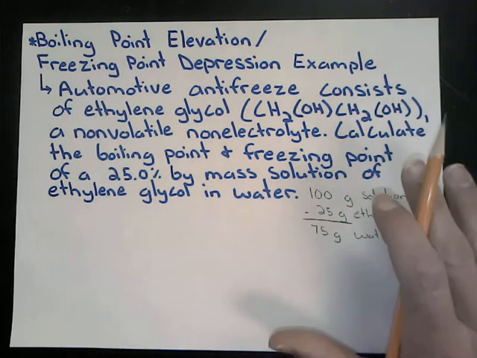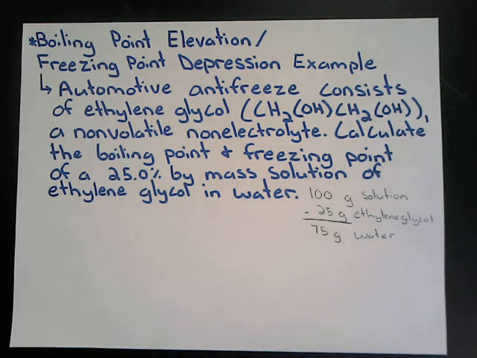Now what we want to do, before we even get to using the change in boiling point elevation and the change in freezing point depression, is calculate the molality, because remember, we're going to use molality in both the freezing point depression and the boiling point elevation.